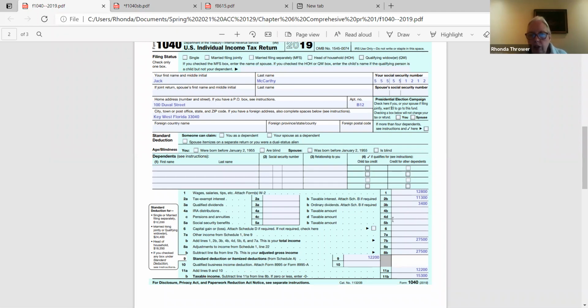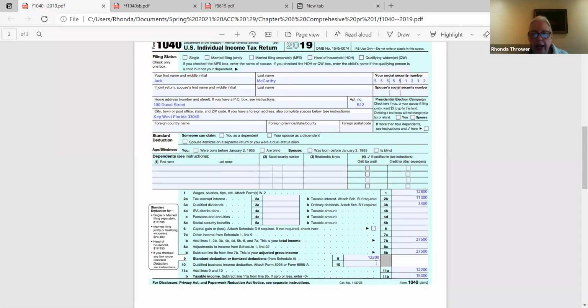And then none of the other things applied to us till we got down to 7B, which is adding up these three items to get 27,500. This is the total of your income. It is also the total of your adjusted gross income on line 8B.